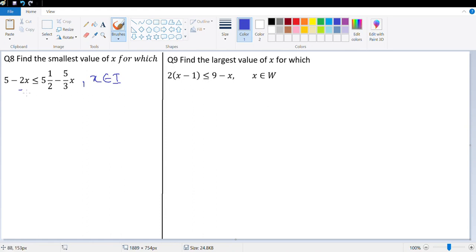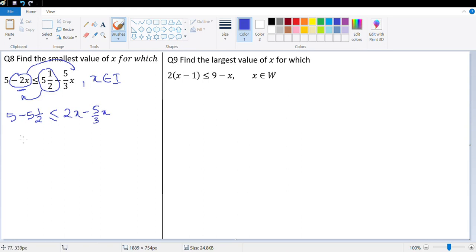So negative 2x, I should take on the other side to keep my x positive, and I get 5.5 on this side. So this is 5 minus 5.5 is less than or equal to 2x minus 5 by 3x.